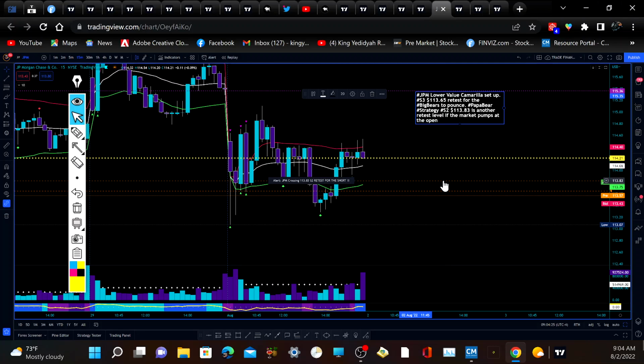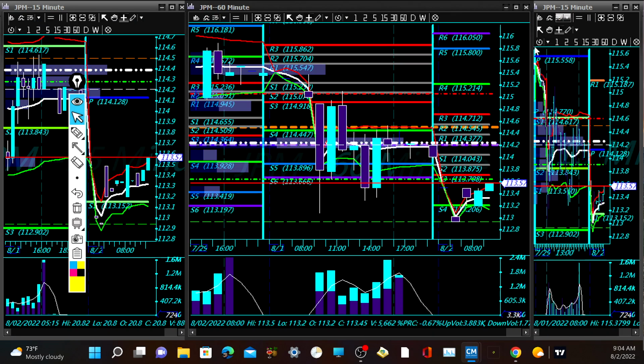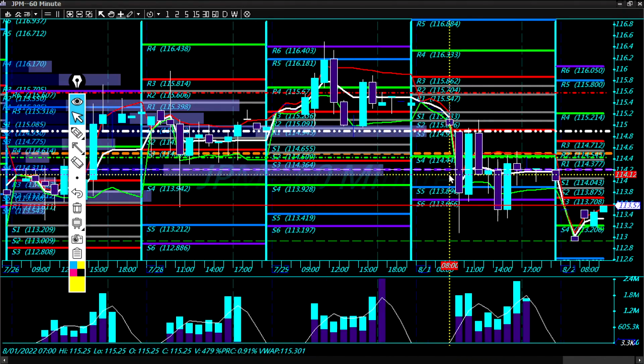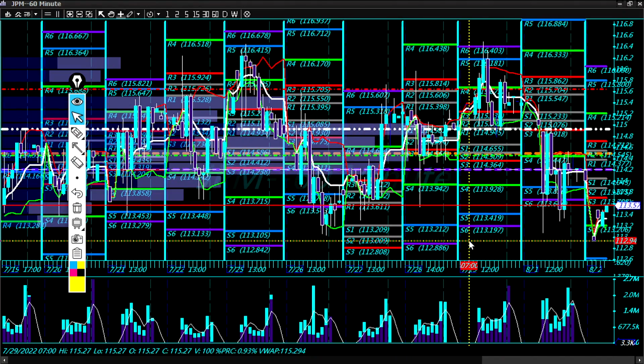That's 113.83 S2 retest for the short. This is also S3 for the short. Papa BS strategy. And let's see, the targets are, we could target some of these lows here at 112.